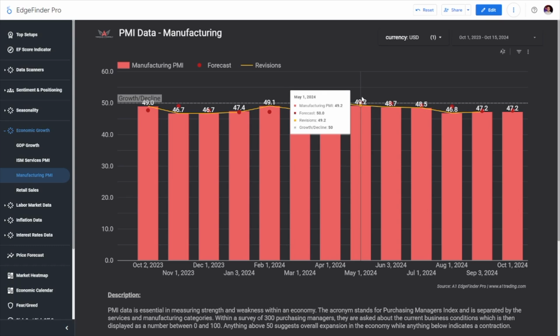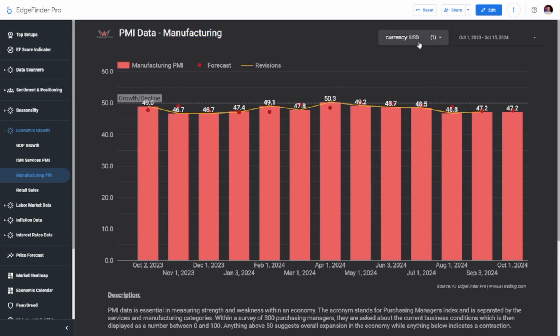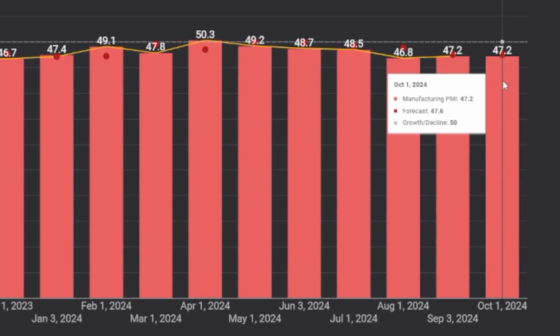Basically, we're looking at purchasing managers in the United States, the manufacturing section specifically. This also goes for other countries as well, but I'm defaulting to US data as it is the one that most people pay the closest attention to. When we look at manufacturing PMI data, it's the same as the previous chart with GDP growth. When this shows a higher than forecast number, it indicates that purchasing managers in the manufacturing component of the US economy have high expectations for the economy looking forward.